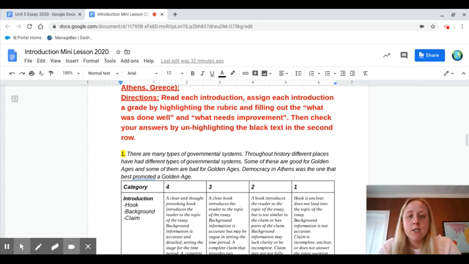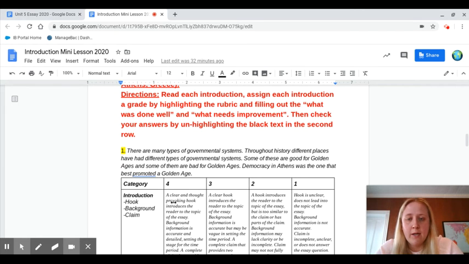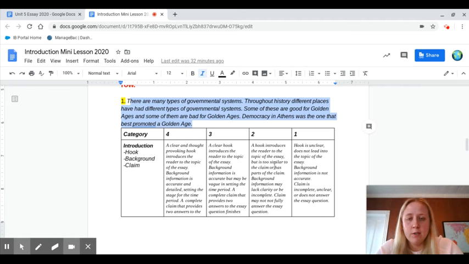So your directions: read each introduction, assign each introduction a grade by highlighting the rubric and filling out what was done well and what needs improvement. And then check your answers by unhighlighting the second row. So you're going to see you have an introduction here. Then you have a rubric, right, which you will highlight. Are you giving it a 4?